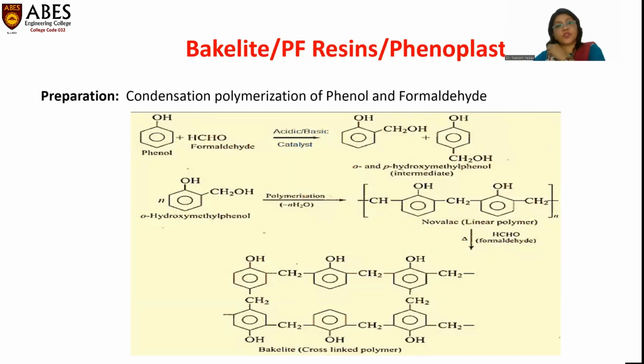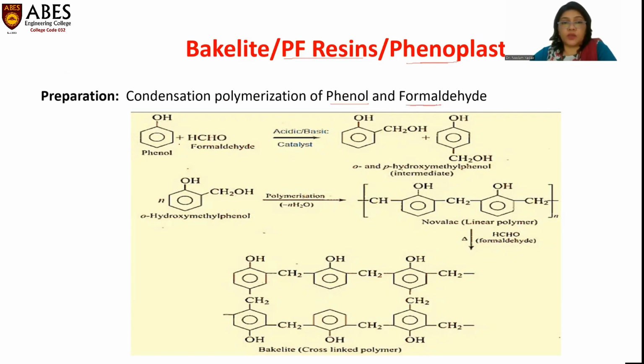Now, the next discussion is an example of thermosetting plastics. Thermosetting plastics are those plastics which cannot be remolded once they are hardened and cooled to a desired shape. The example of this thermosetting plastic is bakelite. It is also known as phenol formaldehyde resin or phenoplast. Since this is formed by condensation polymerization, the monomers being used over here are phenol and formaldehyde.